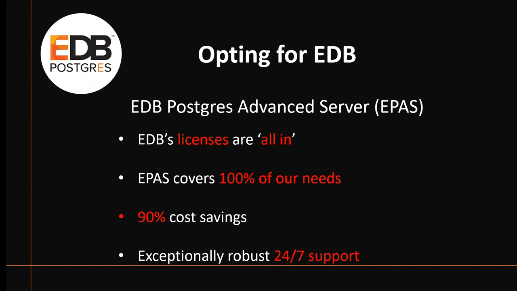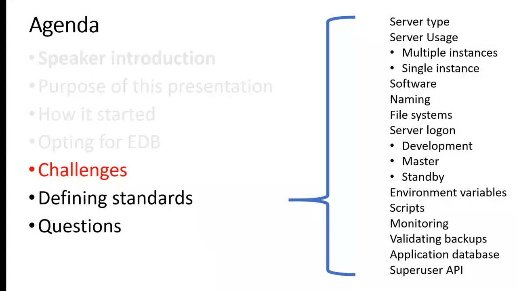At the moment that we had to make the choice, we really had no proof that that was the case. We could only rely on their salesperson. But after 6 years, I can confirm that it's really a strong team at EDB support. Now, what challenges did we encounter?